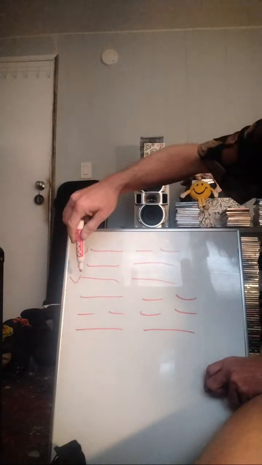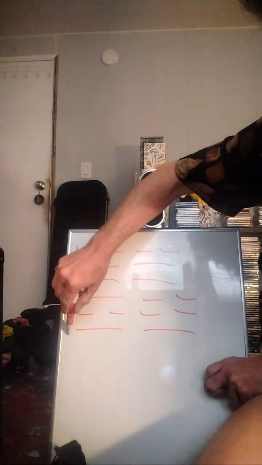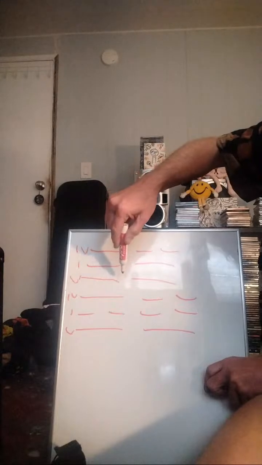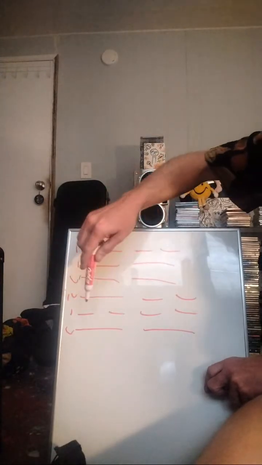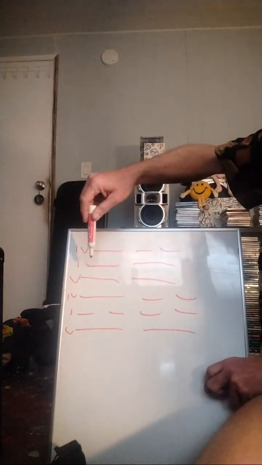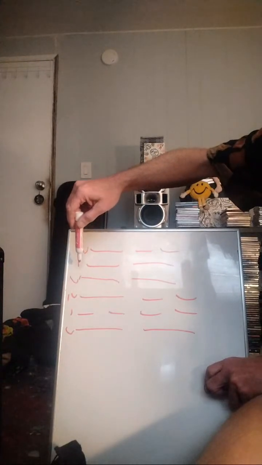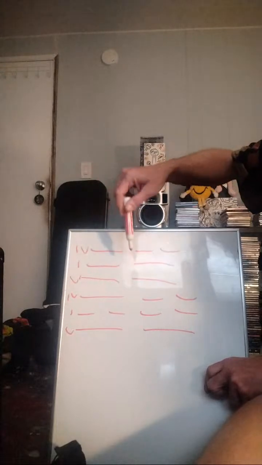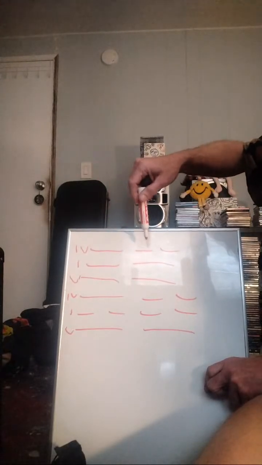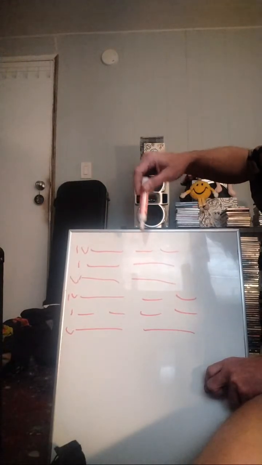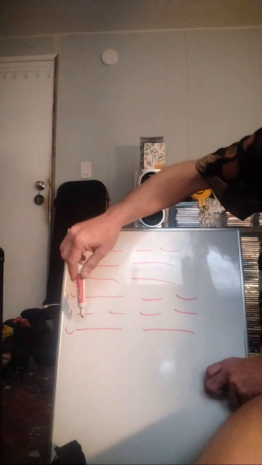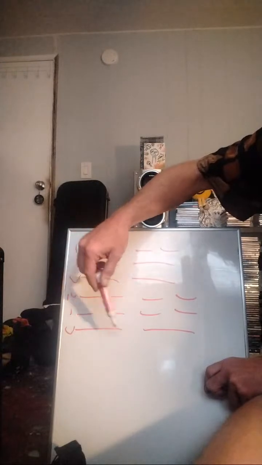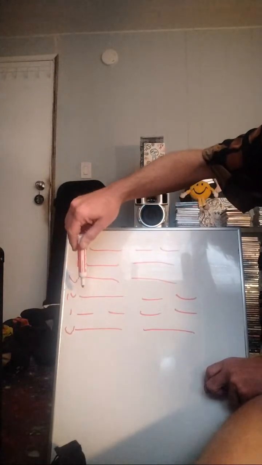So this is 5, 1, and 4. If the 5 is major or yang, unbroken line, there's 4 possibilities. The 1 and 4 are major, which is the major scale. 1 is major, 4 is minor, which is the harmonic major scale. 5 is major, 1 is minor, 4 is major.